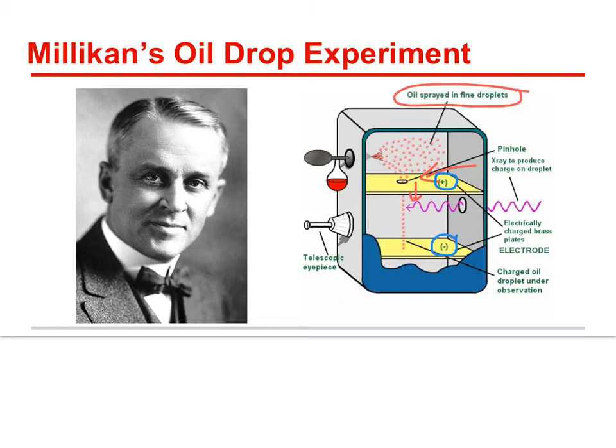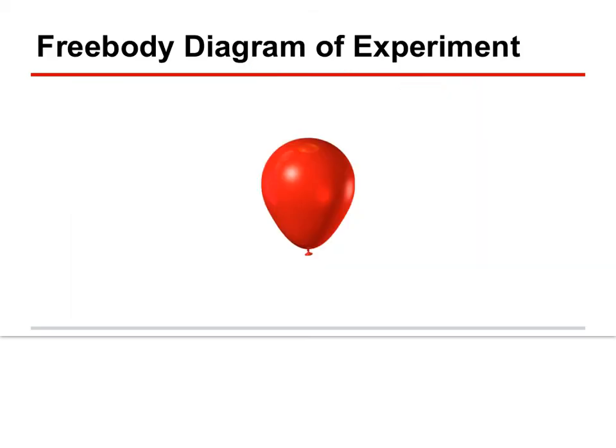So what did we figure out from this? Well, we actually could figure out the charge of the electron. Let's go to the next slide to see how. So here's our free body diagram, and this is the oil droplet while it's in its chamber. I have my positive and negative here. So I had mg going down, which is our force of gravity, and then I had my drag force also going down.